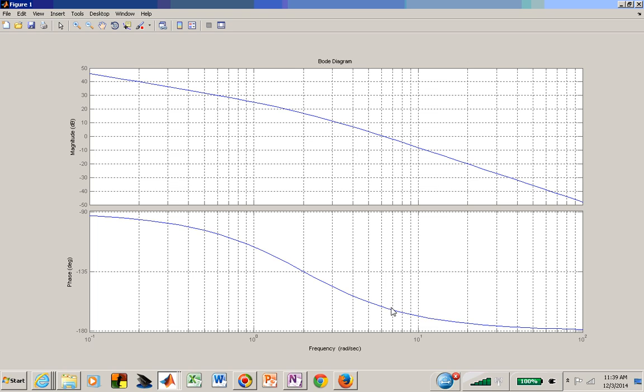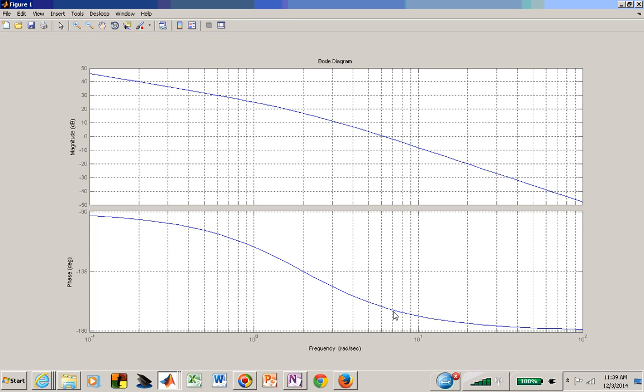At that particular frequency, we have a phase of something a little bit larger than minus 180. We do have a positive phase margin. It's, let's say, roughly 20 degrees of phase margin.